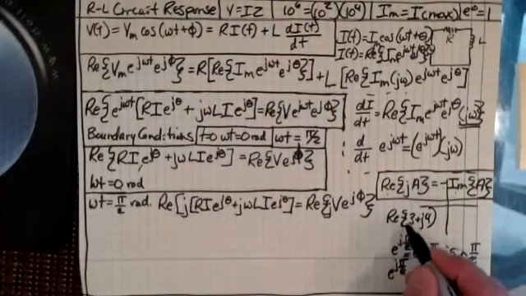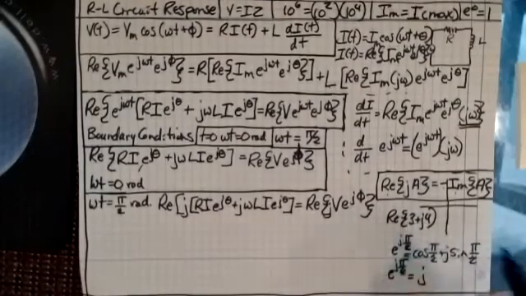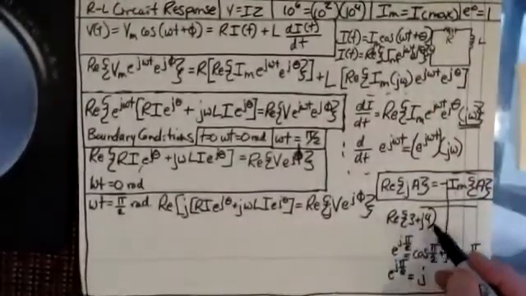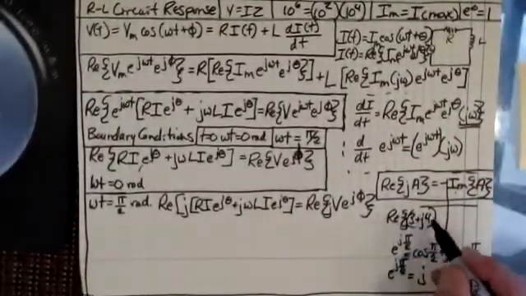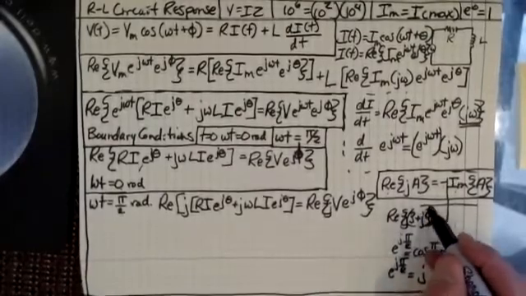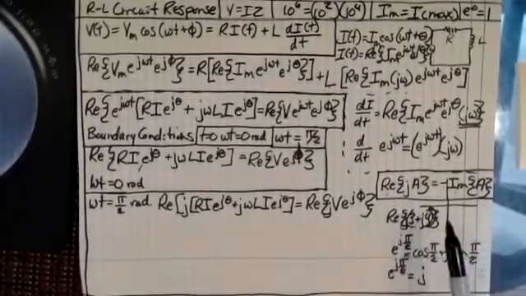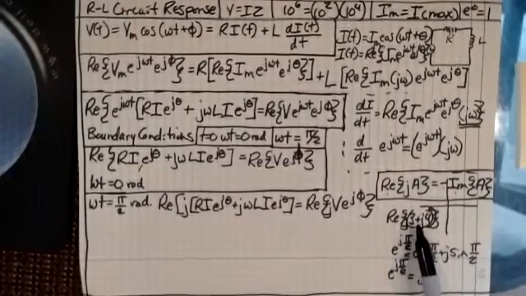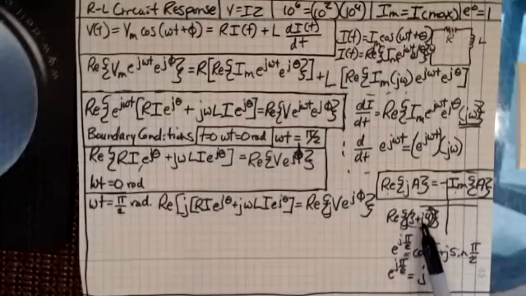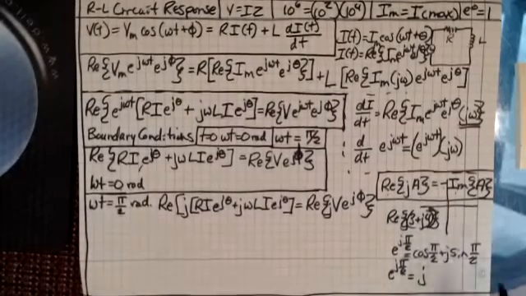Oh, I'm sorry, I've got to throw a j in front. So the real of j times (3 plus j4) would be j3 plus minus 4. So it'd be minus 4 plus j3, right?